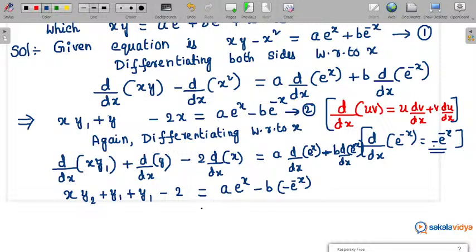So this we can write a e power x plus b e power minus x. Say this is equation 3.